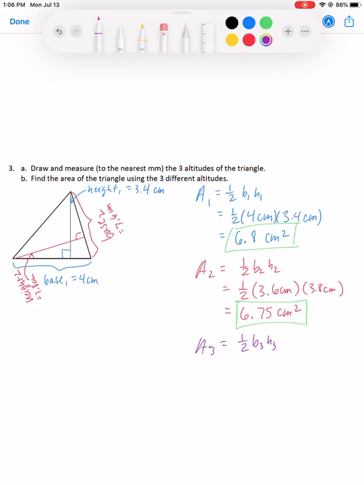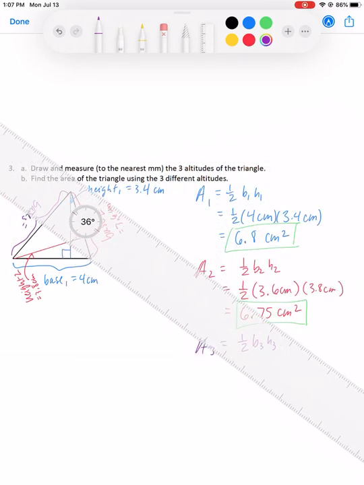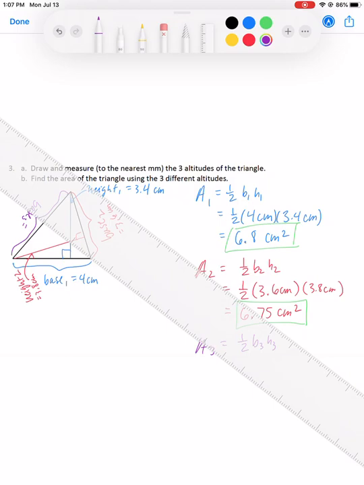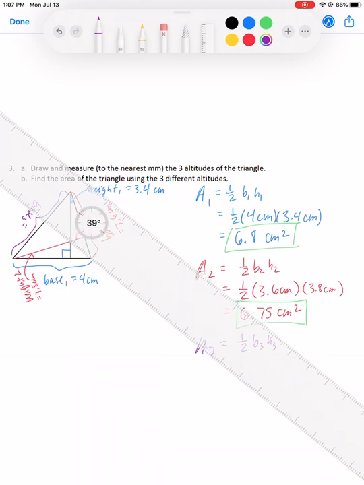We're going to rotate my iPad again. This last part is the third base here. And then for the height, grab my ruler, turn it to the perpendicular here. Okay, draw my line.